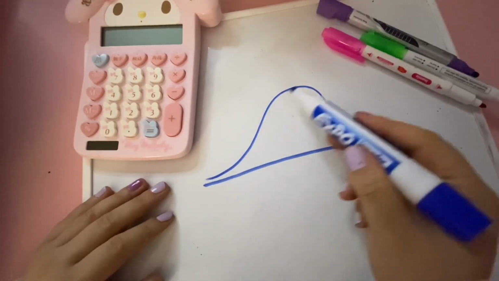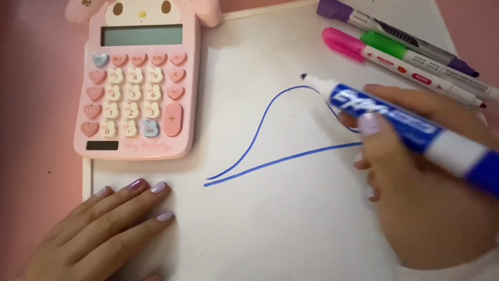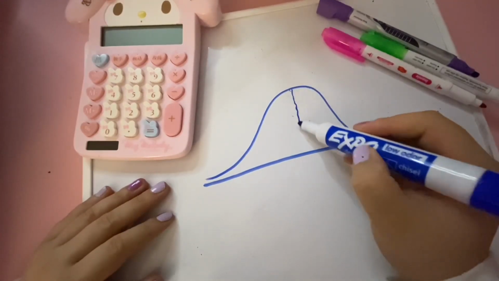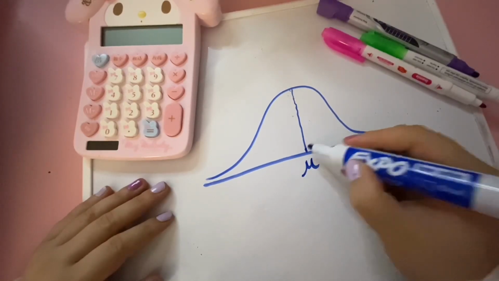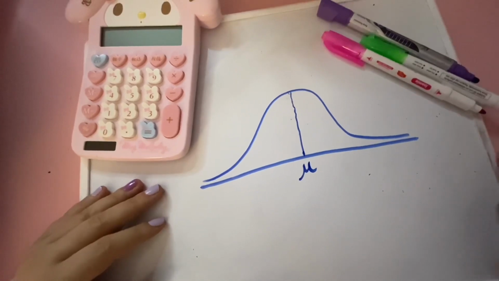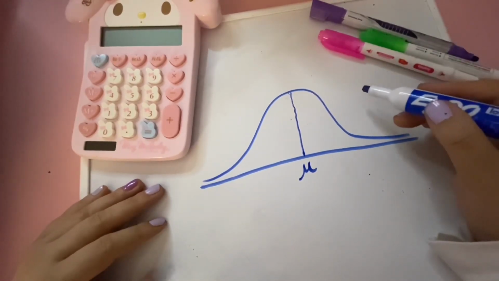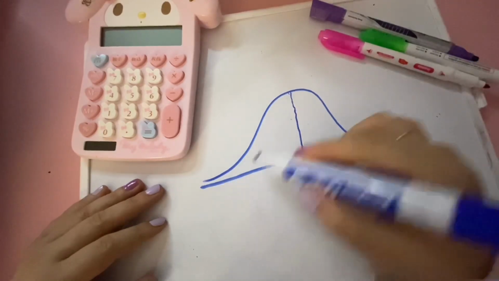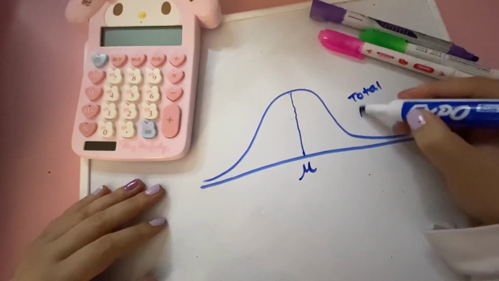This is my bell curve. Ding dong, ding dong. It is centered about mu, which is my mean. In this case, I'm not going to standardize it, but if I were, mu would be 0 and sigma would be 1, right? So the total area under this thing is 1.